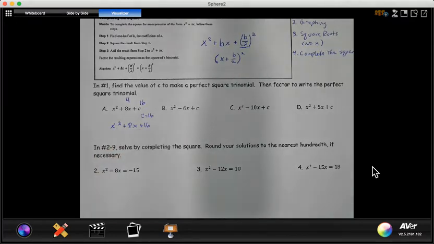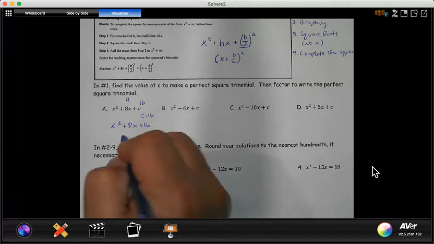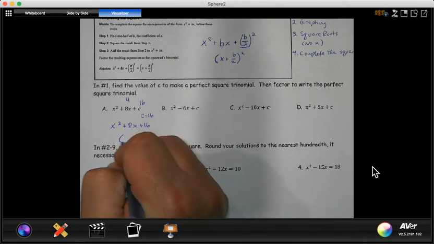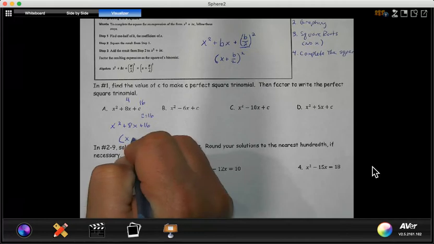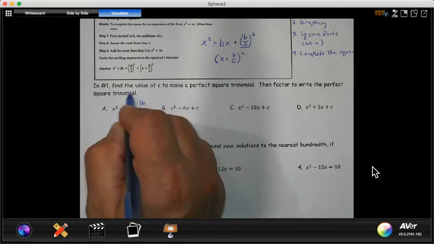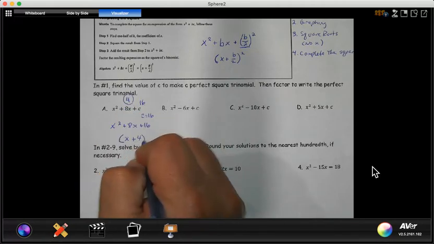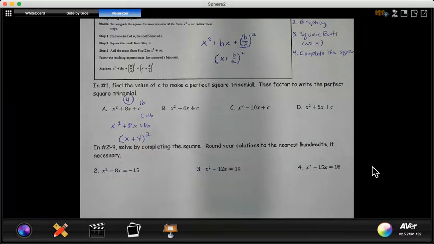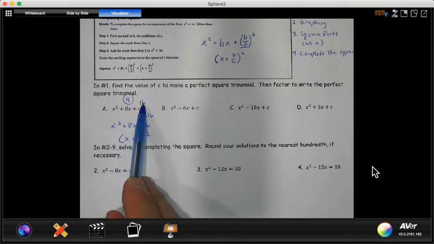This is modeling. You need to pay attention and understand how this works, but this will factor into parentheses of x plus, and then whatever this number is, squared. And that's the trick to completing the square: you take this number, cut it in half, square it.